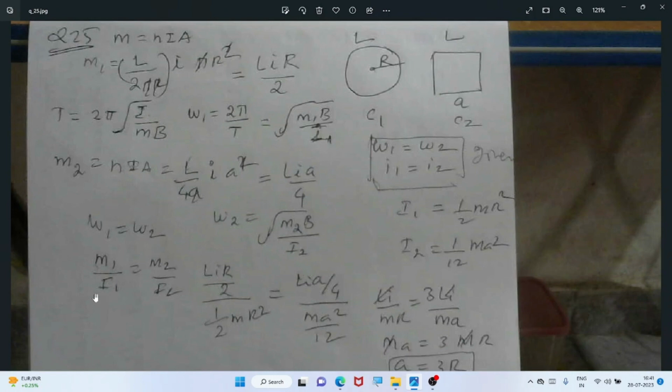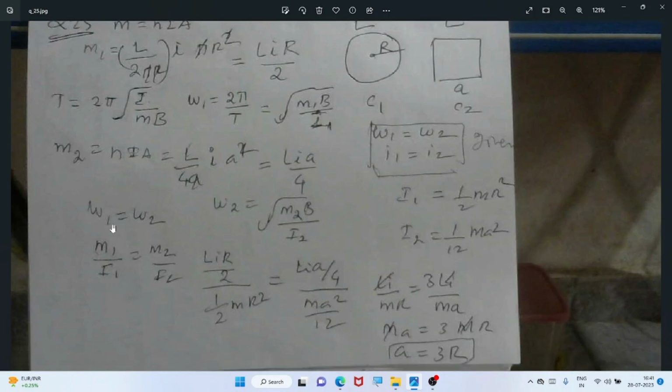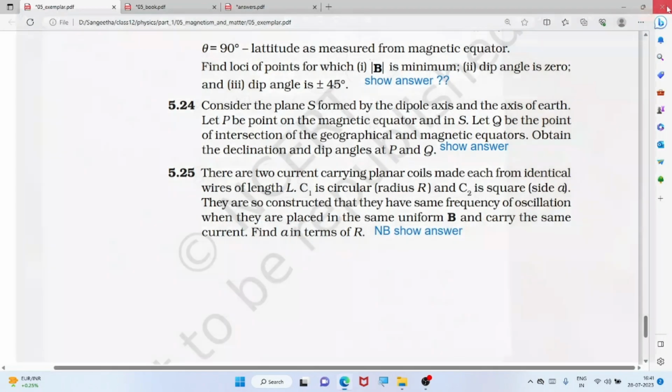So when you equate them, you will get this formula. If you substitute the values for I and M, M1 and I1 for this one, and M2 and I2, then after substitution you will get A equal to 3R. So the side equals 3 times R.